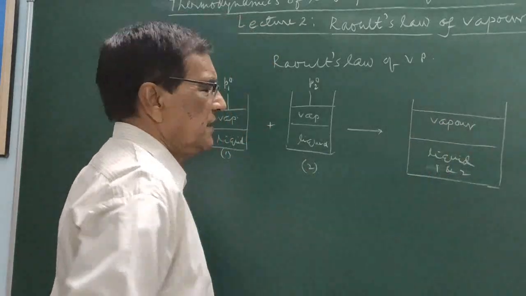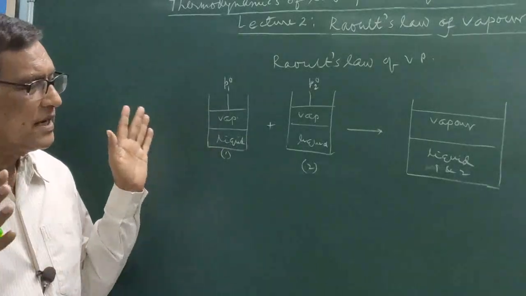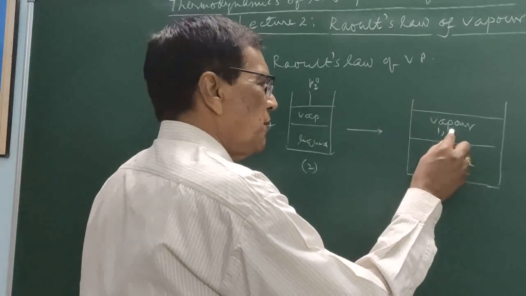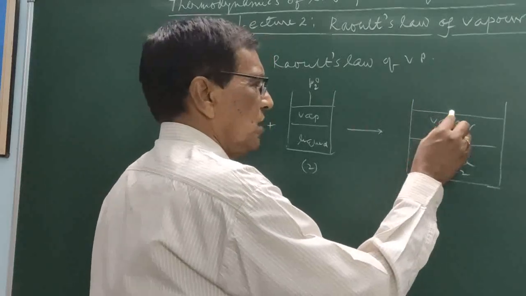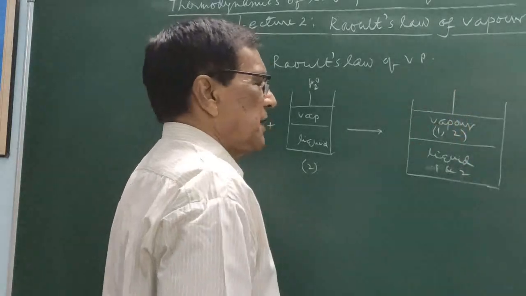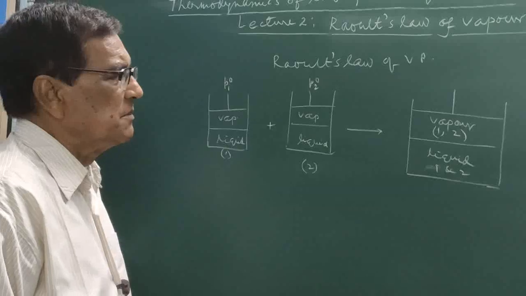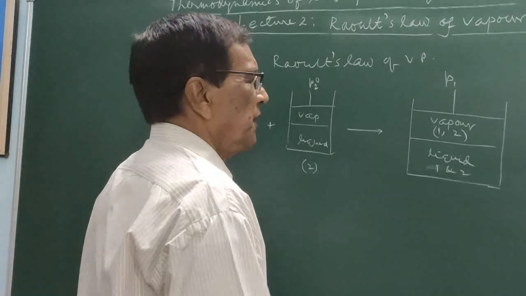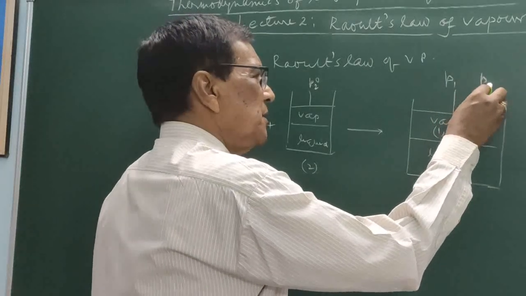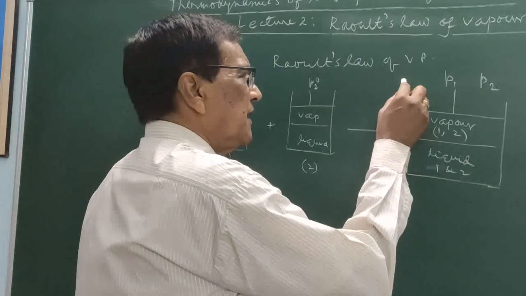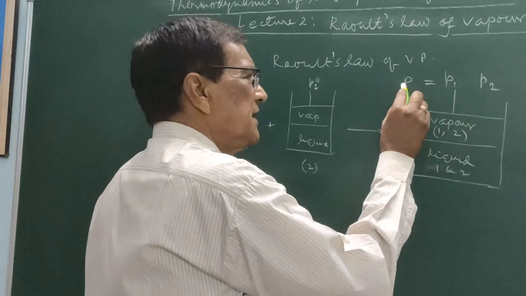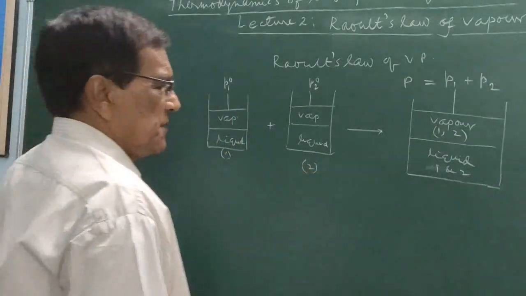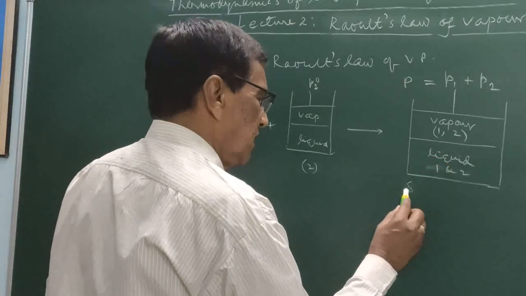Since both the liquids are volatile, the vapor will also contain the first component and second component both. And now it becomes a partial pressure. P1 is the vapor pressure of the first component, and P2 is the vapor pressure of the second component, and total vapor pressure is equal to P1 plus P2 at the same temperature.